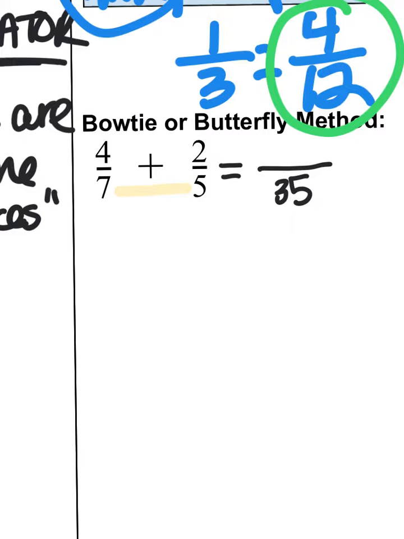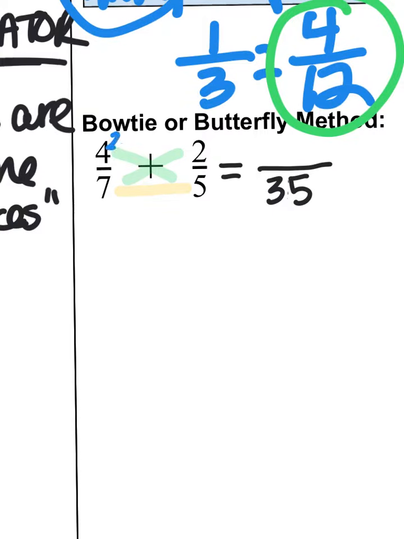Okay? Then across your diagonals, you're going to multiply on your diagonals, just like that. Okay, so first we have 5 times 4, which gives us 20.